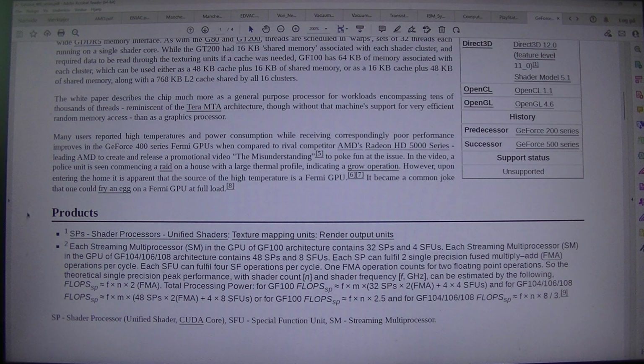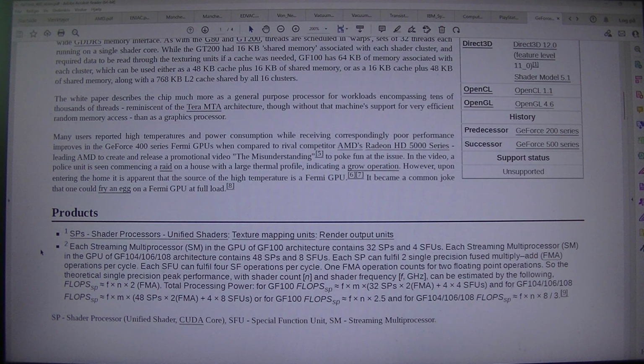2. Each streaming multiprocessor, SM, in the GPU of GF100 architecture contains 32 SPs and 4 SFUs. Each streaming multiprocessor, SM, in the GPU of GF104/106/108 architecture contains 48 SPs and 8 SFUs. Each SP can fulfill 2 single precision fused multiply-add, FMA, operations per cycle.